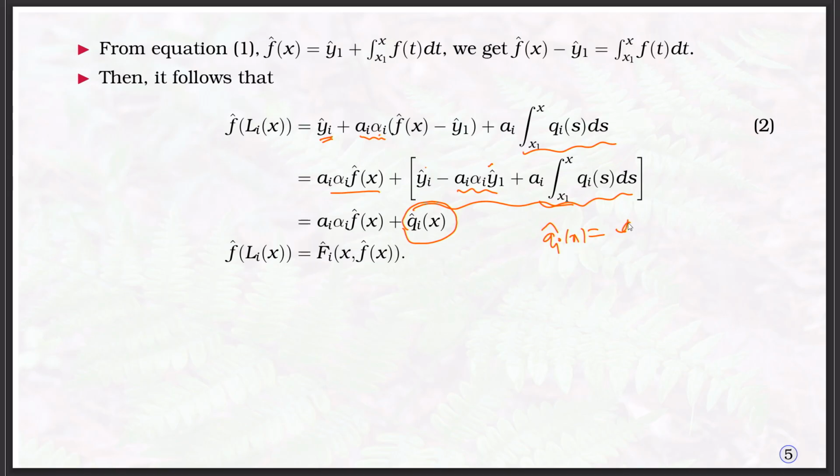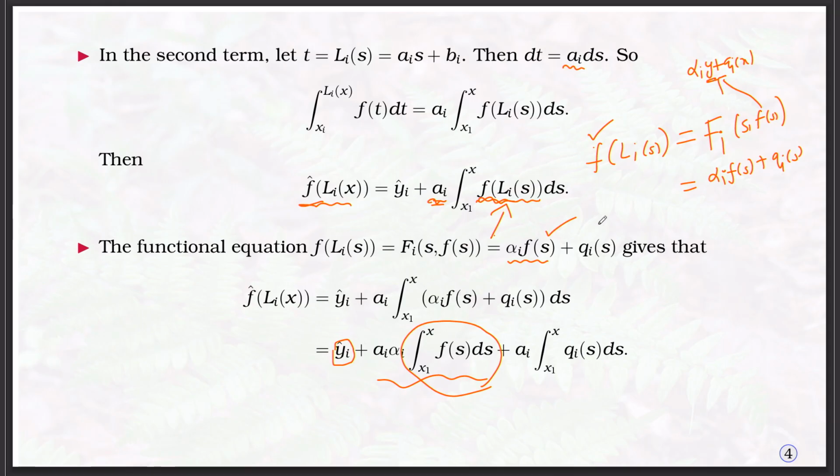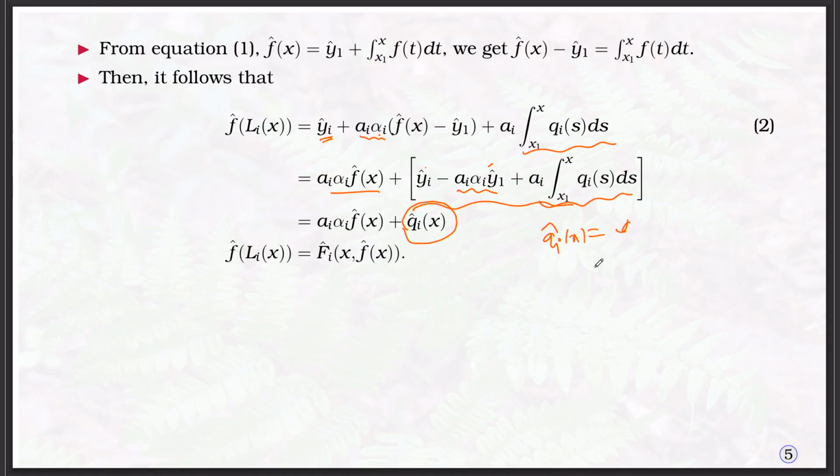I think there is no special case we have taken; q i is the general form, not the linear case. Now q i cap becomes yi cap minus ai alpha i y1 cap plus ai times the integral from x1 to x of q i of s ds. We can assume this term as q i cap of x.